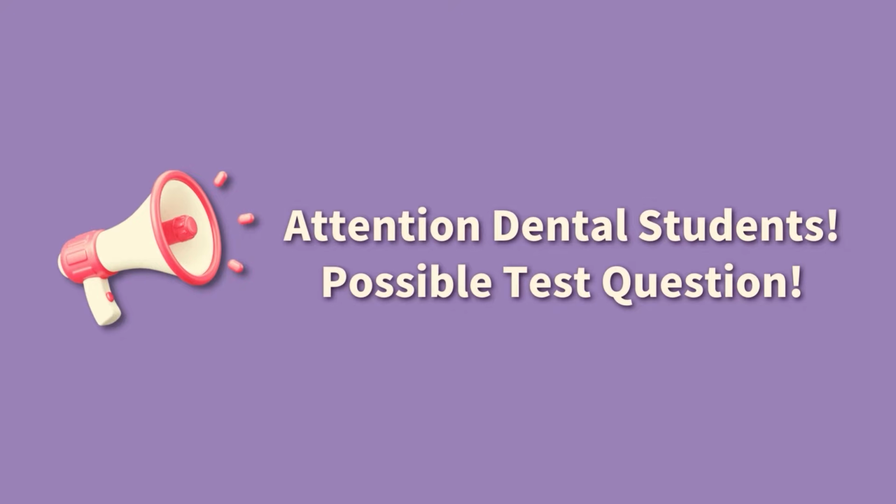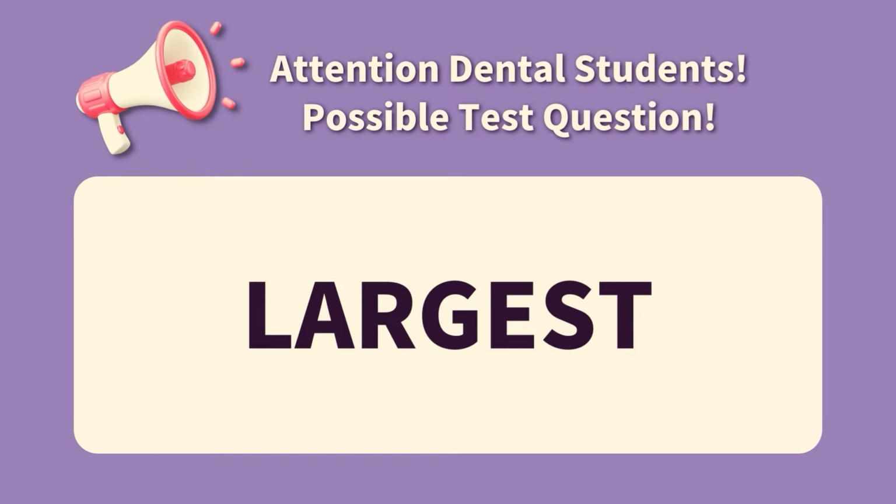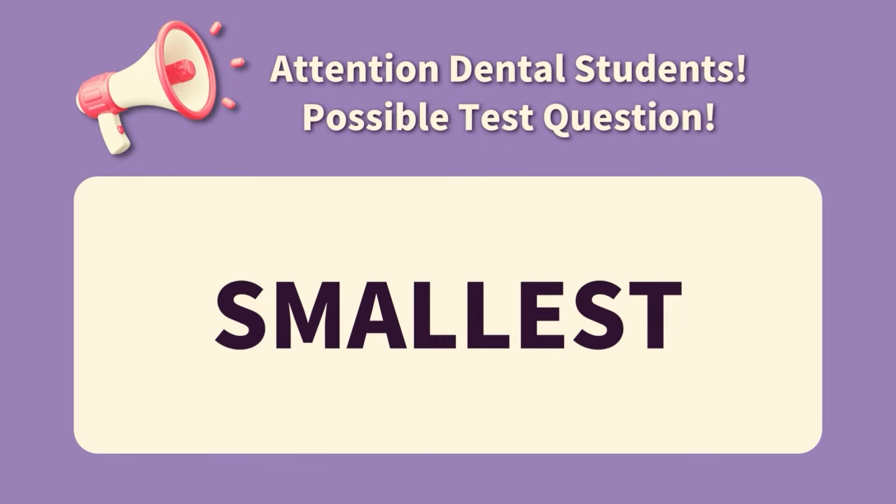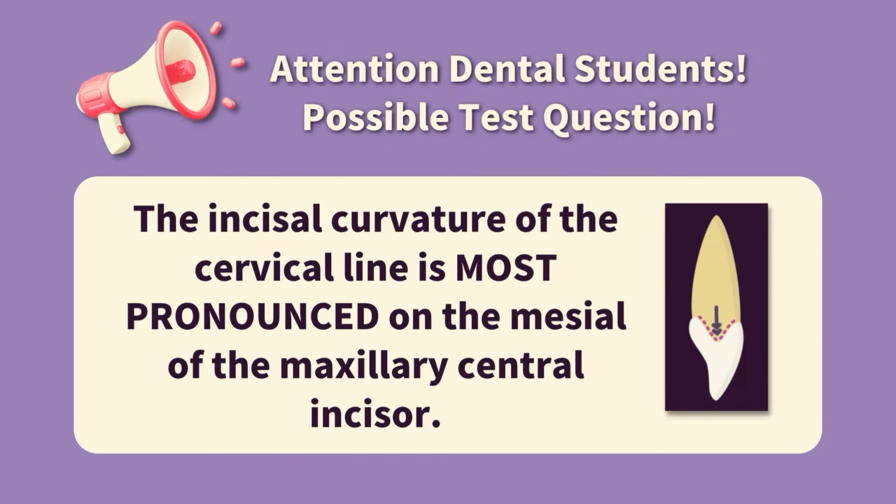Attention dental students. Once again, remember to pay attention to extreme descriptions like largest, longest, most, least, and smallest. This is another great example of a popular one that is tested on. Remember, the incisal curvature of the cervical line is most pronounced on the mesial of the maxillary central incisor. This can be worded on a test in a few ways.